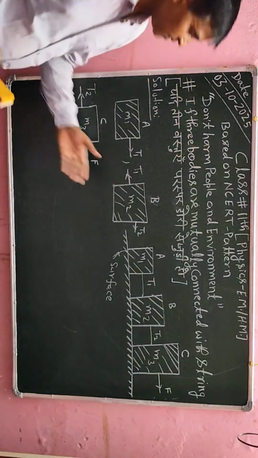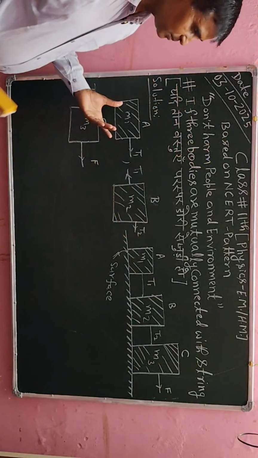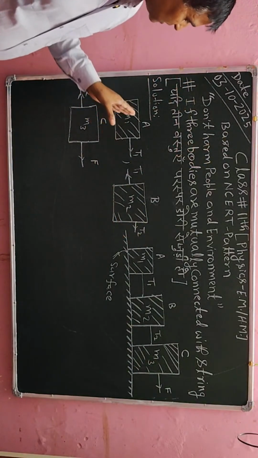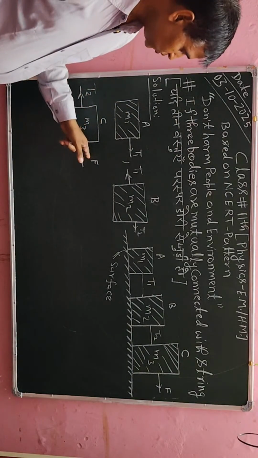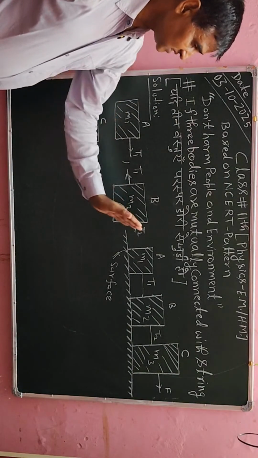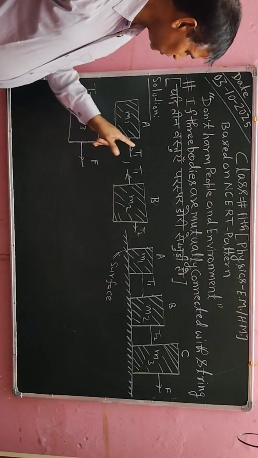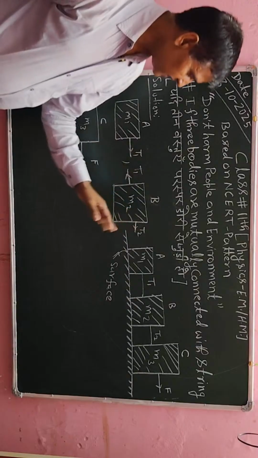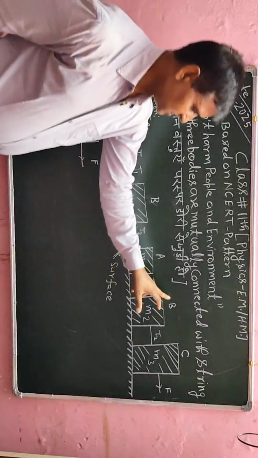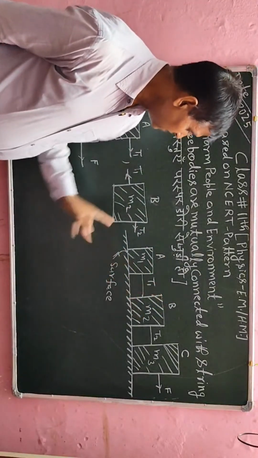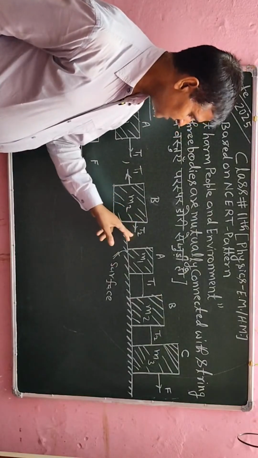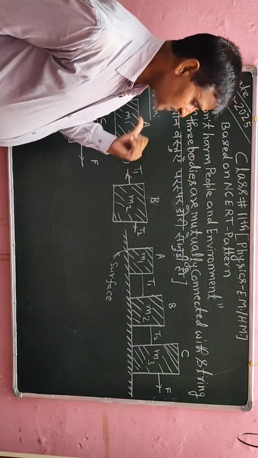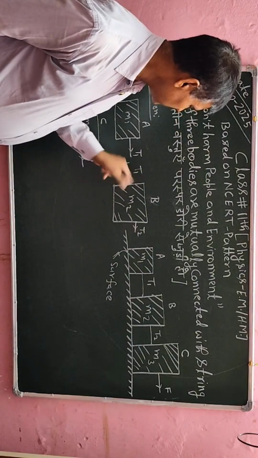Now all these three objects I have separated. After separating, with this force all three objects are moving in the forward direction. So the tension force will be in the forward direction, but for the body B there will be one force, T2, and on the other side one force T1 will be available.